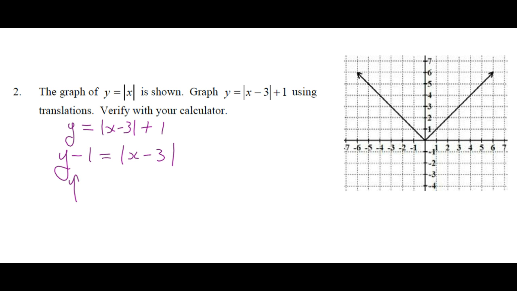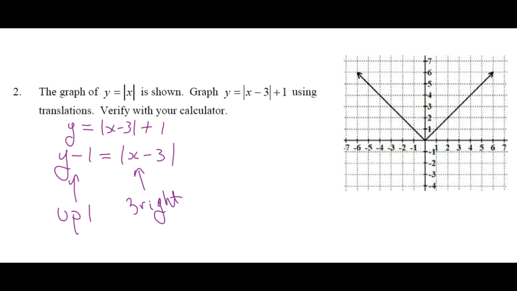Okay, so this is up 1. The x in the original was replaced with x minus 3, which results in, okay, 3 right. So you could say up 1 or 1 up, 3 right, right 3. Doesn't matter, right? As long as you have both things. It's kind of like which way, how much, or how much, which way.